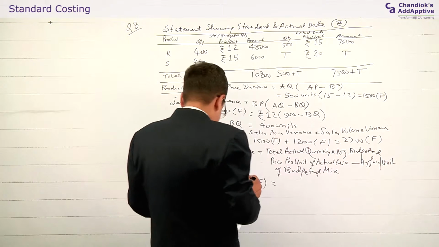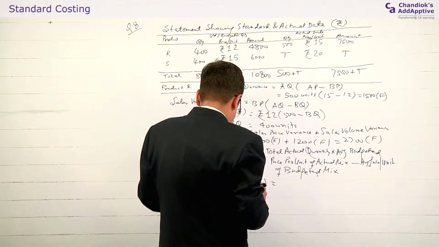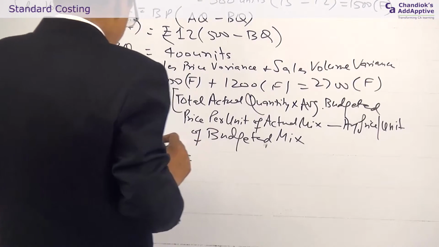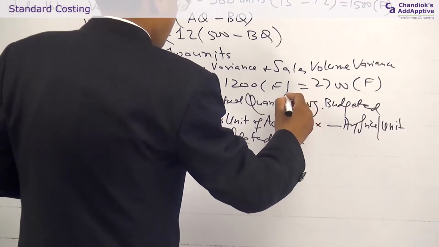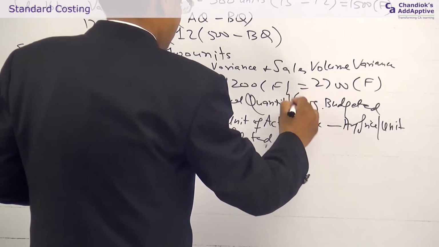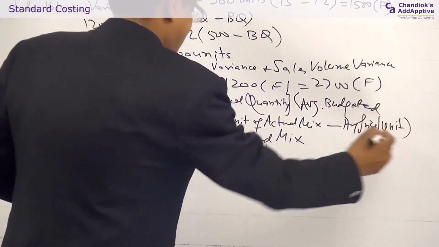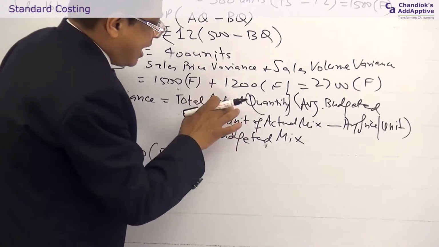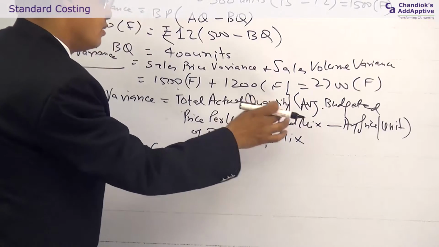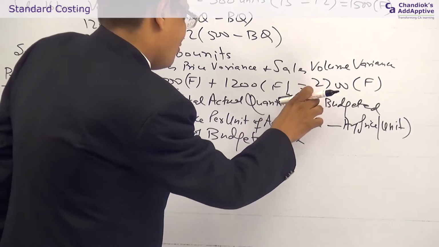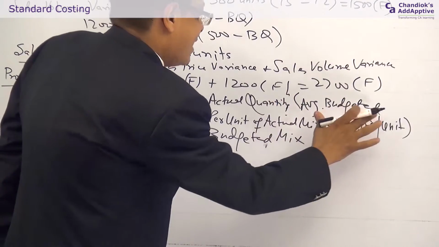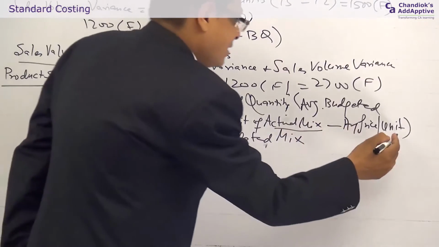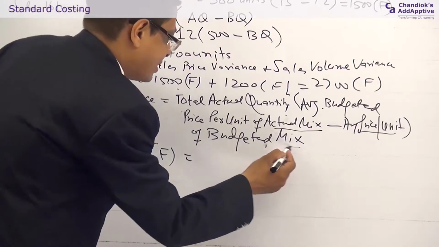Now, I am going to create the equation. So, the equation is this value is separate and this value is in bracket. If you can see, this formula is total actual quantity, multiplied to average budgeted price per unit of actual mix minus average price per unit of budgeted mix.